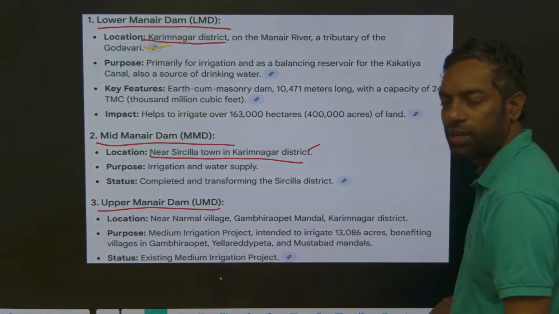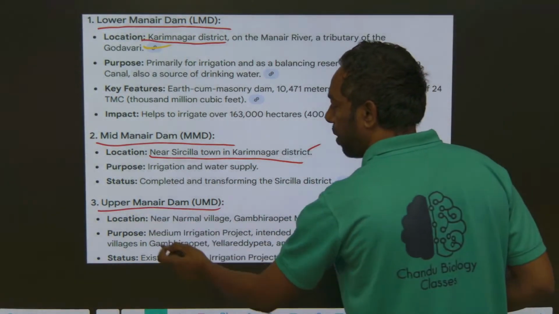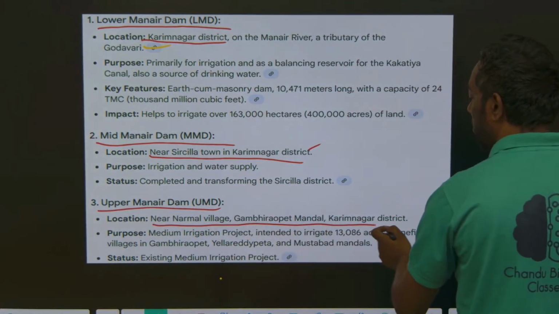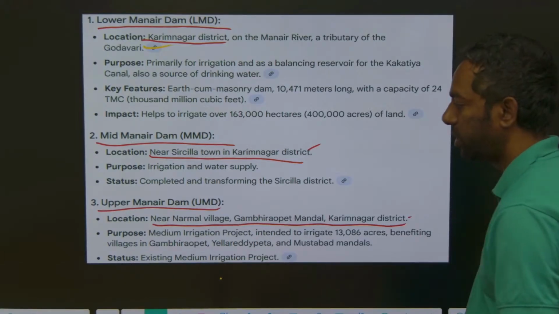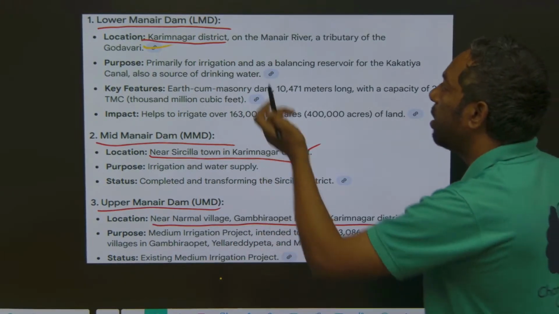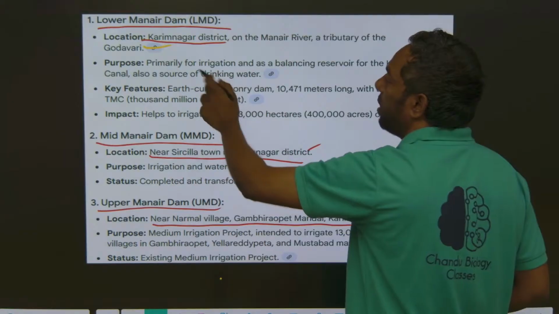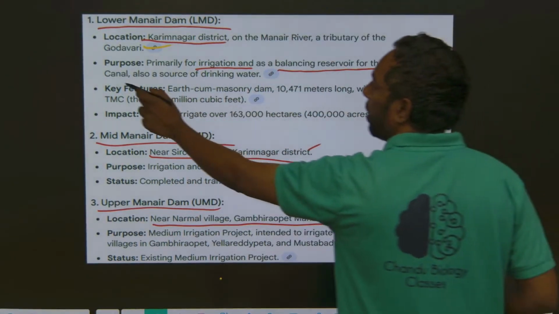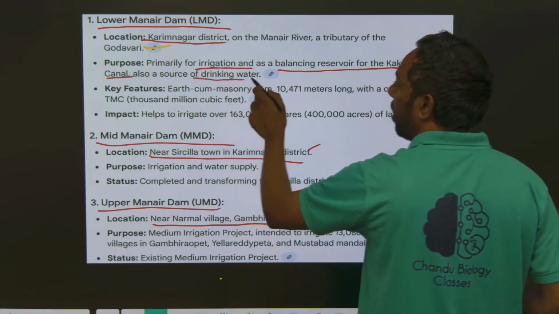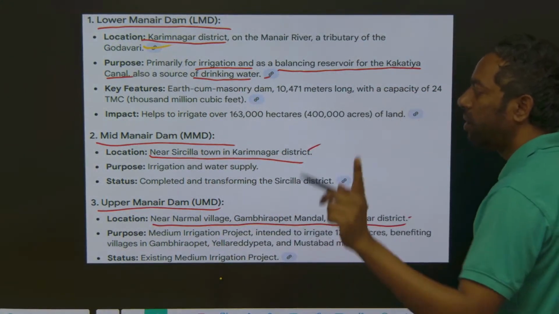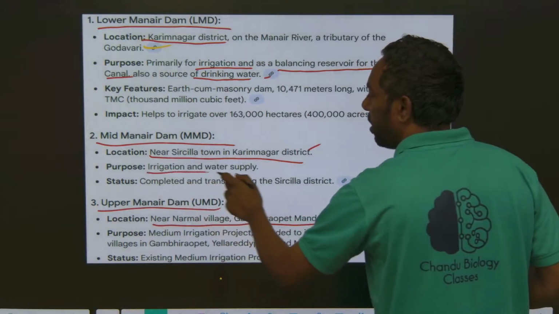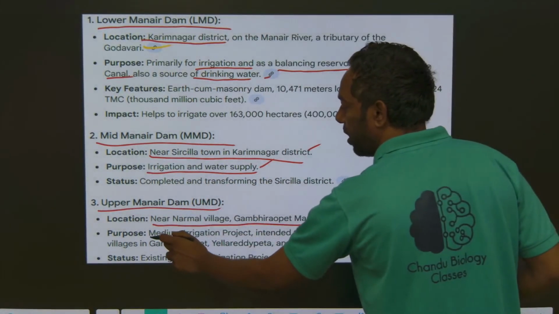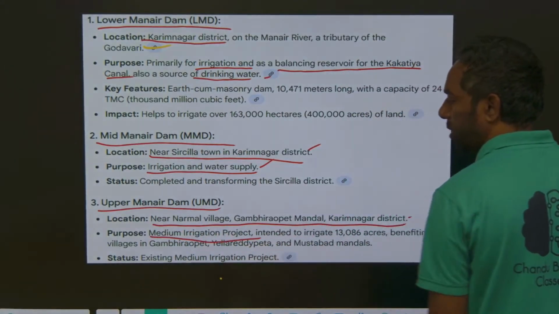Upper Maneru is near Nirmal village, Gambhiraopeta. The purpose of Lower Maneru is irrigation, a balancing reservoir for the Kakatiya canal, and drinking water. Mid Maneru is for irrigation and water supply. Upper Maneru is for medium irrigation projects.